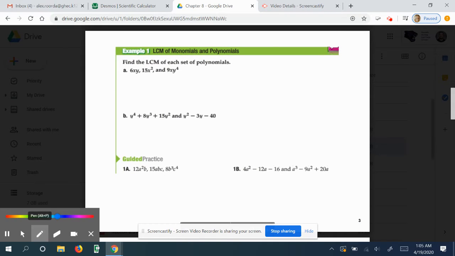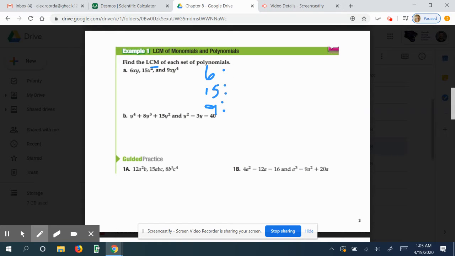It says, find the least common multiple of each of the polynomial sets. So really, all we're asking to do is look between 6, 15, and 9, right? So what are the factors of 6, 15, and 9? Well, the factors of 6 are 3 and 2, right?